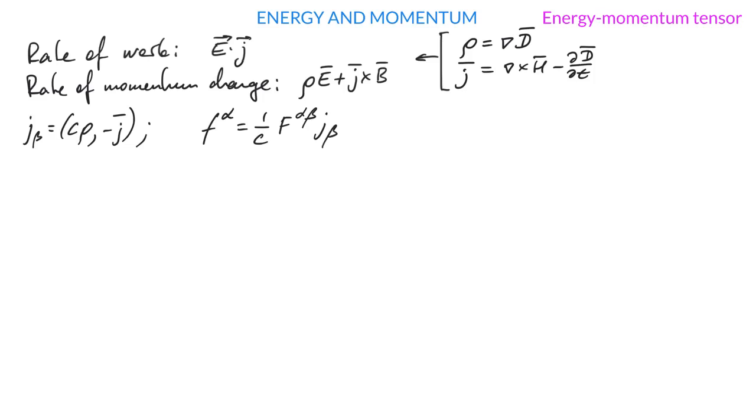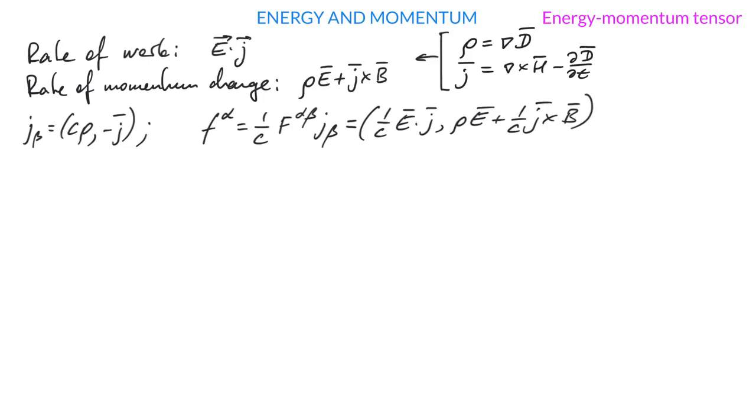Here F alpha beta is the field strength tensor, and if we substitute the components of this tensor, which I'll leave it up to you to check, we'll find the 4-vector with the following components. The time-like component is E over c, E dot J, and the space-like component rho E plus 1 over c J cross B.